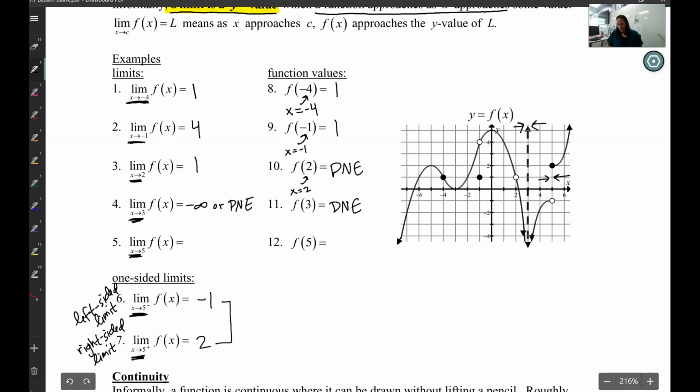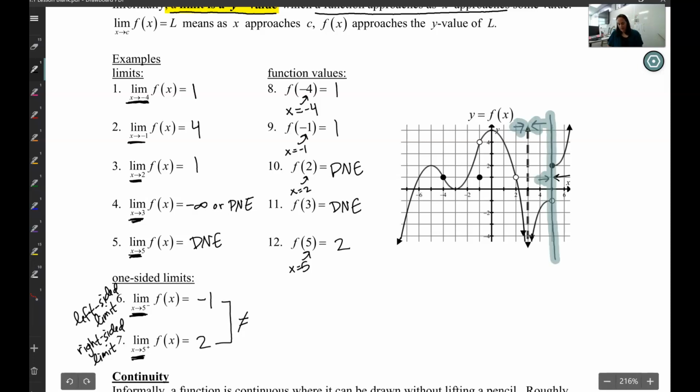If the left-hand side limit does not equal the right-hand side limit, then the limit from both sides does not exist, because it's not the same from both sides. Now once again, I look when x equals 5. So if I go right at 5, right here, that one's going to be 2, wherever the closed hole is.